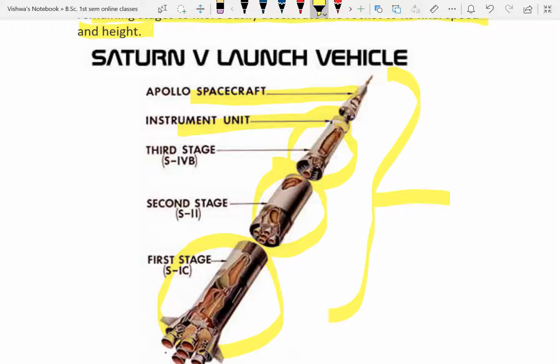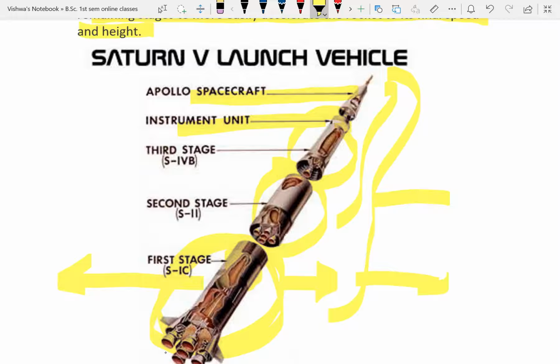Now when this rocket launches, the first stage starts working until the whole fuel is burned out. When the whole fuel is burned out, the second engine starts working, and the first engine removes itself from the vehicle. Due to this, the mass of the rocket is less, so it will accelerate more.